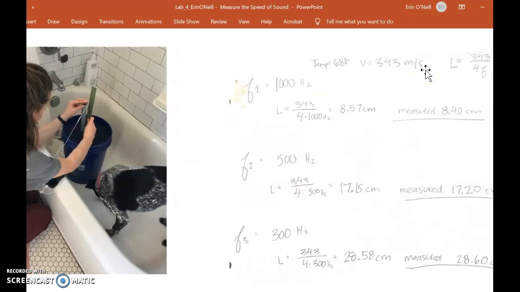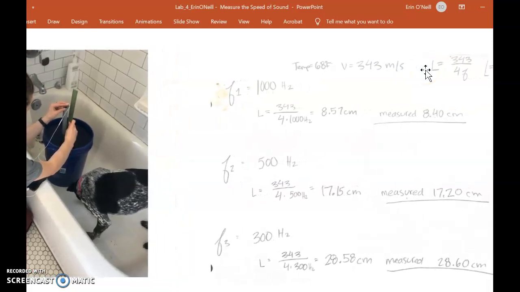And so I took velocity over 4 times frequency, that's what the F is, 1,000 hertz, and what I calculated the length would be in a perfect scenario is 8.57 centimeters. When I did it by hand in my trial, what I measured was pretty close, 8.40 centimeters. So I knew I was probably just not in perfect conditions.